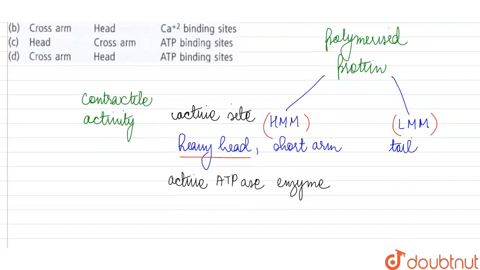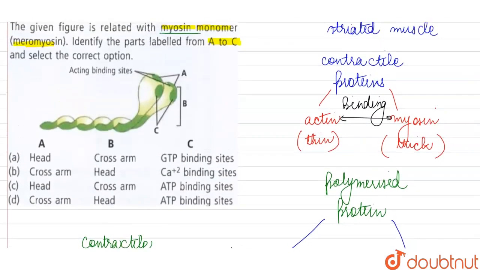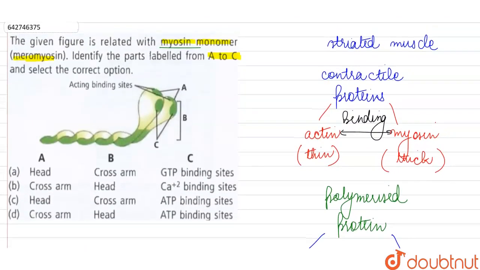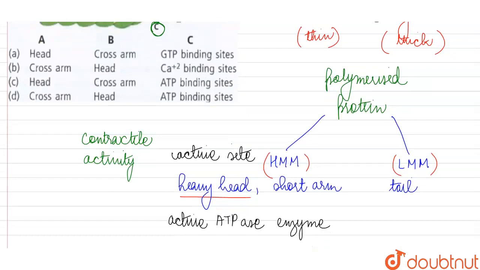So over here in this figure we can see that the part that has been labeled as C is actually representing the heavy head of our heavy meromyosin protein.